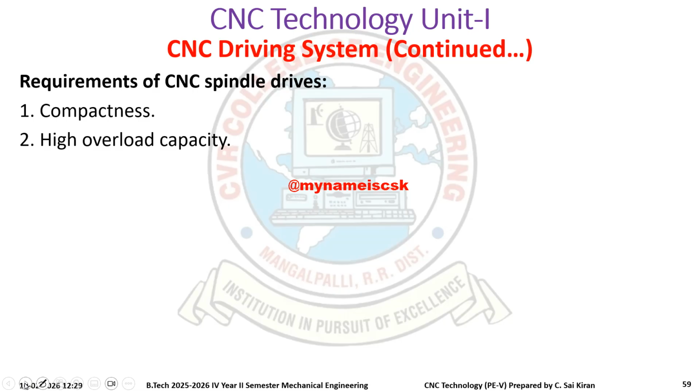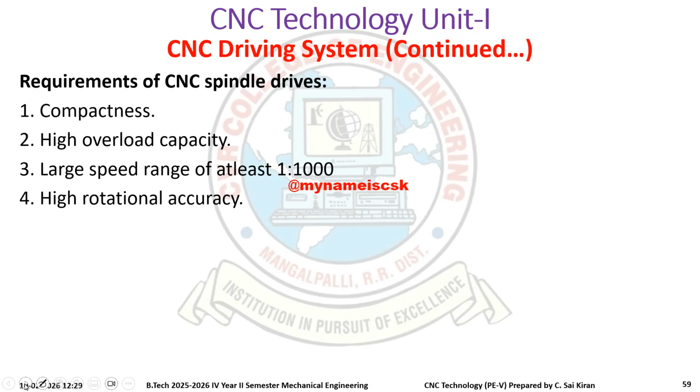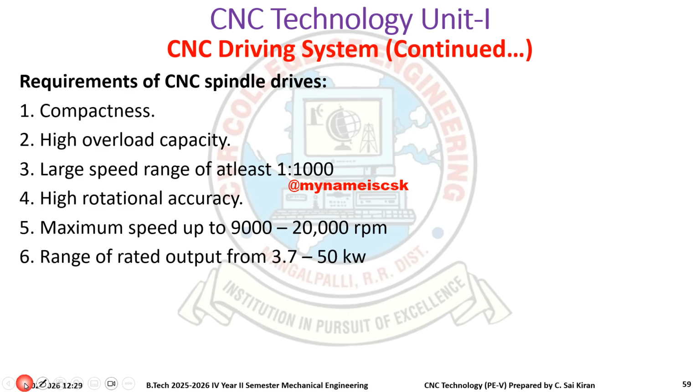It should have a large speed range, at least 1 to 1000, and high rotation accuracy. If I give 300 rpm, it has to rotate at 300 rpm. Maximum speed can be 9000 to 20000 rpm, and the output range should be 3.7 kilowatts to 50 kilowatts.